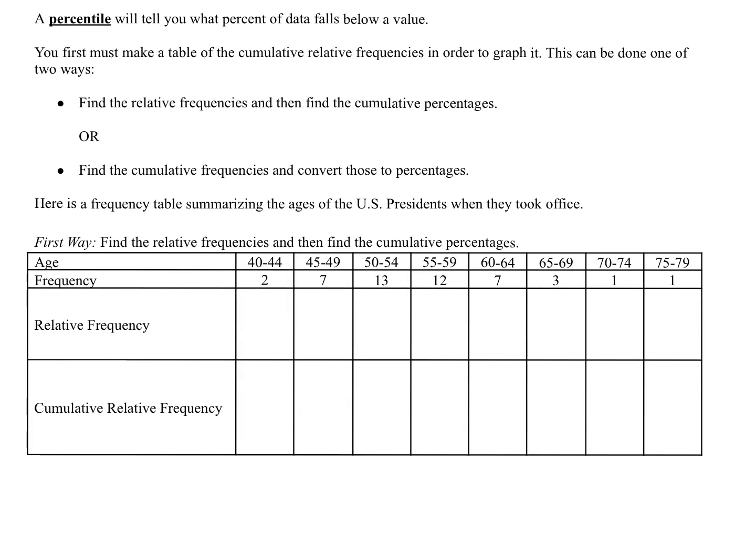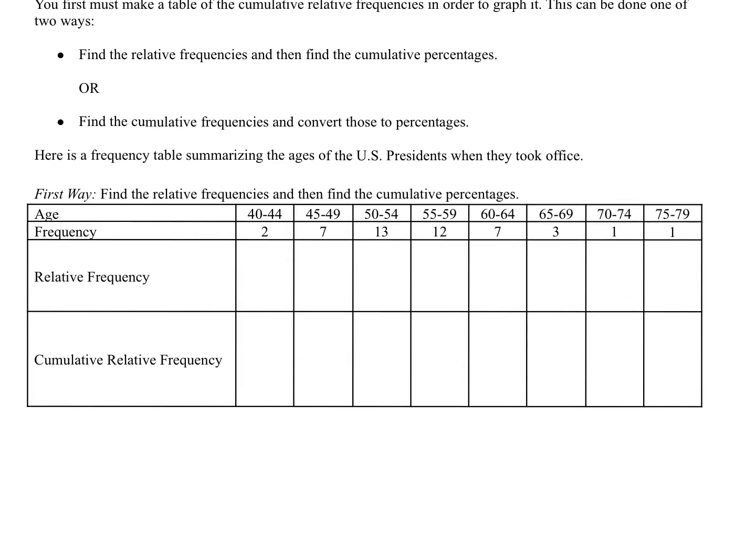The example we're going to do is looking at the ages of the U.S. presidents when they took office. This is current with Donald Trump through his second term. I only counted his age for his first term on here, but it does have the total number of presidents. I started at 40, so 40 to 44, 45 to 49.